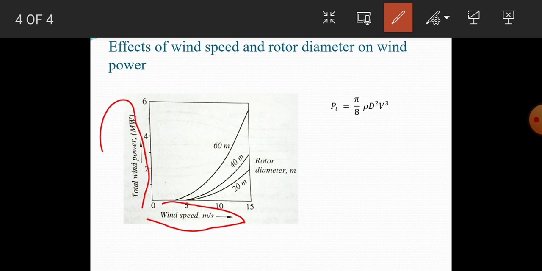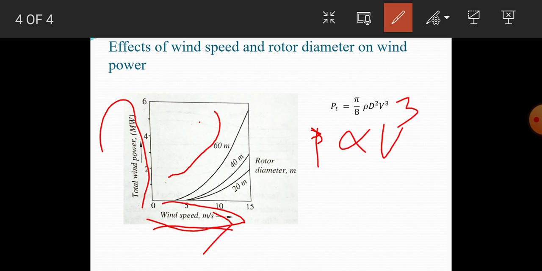As we know that wind power is proportional to the cube of wind speed, for any rotor diameter, as wind speed is increasing, the power is increasing in a cubic way.